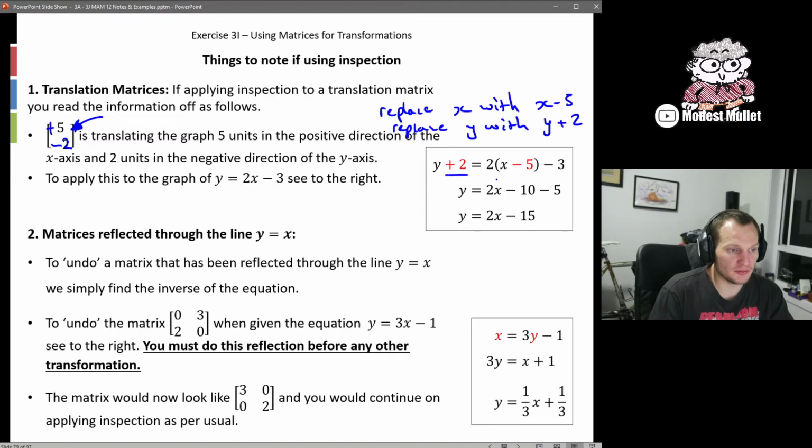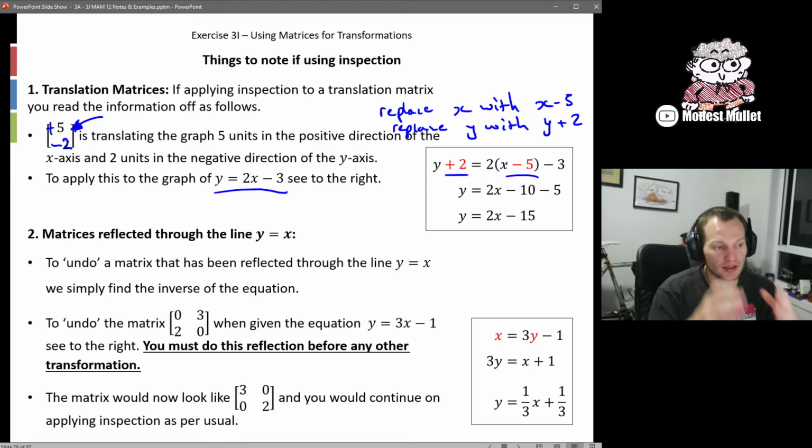So that's what's done here. We replace Y with Y plus 2, and we replaced X with X minus 5 in this equation. Being really careful that this X minus 5 we're putting in brackets, because the 2 is affecting all of X, and that's what we're replacing X with, and then just simplifying down.